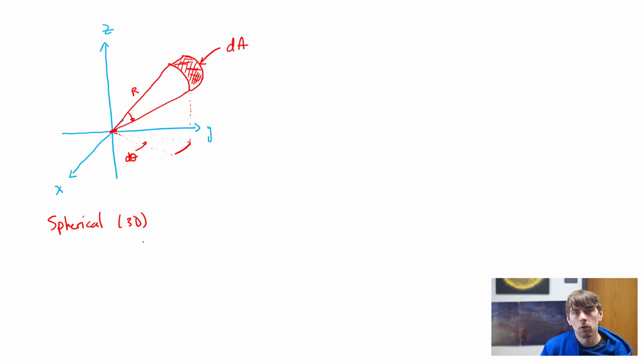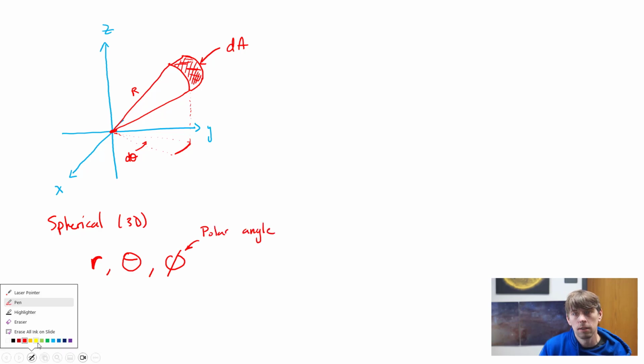And the spherical coordinate system, indeed, we deal with 3 things. We deal with r, how far you are from the origin. We deal with an angle in the xy plane. And then the third angle is something called the azimuthal angle, or sometimes the polar angle. In this picture, the polar angle is the angle between the z direction and the location that you're looking at.